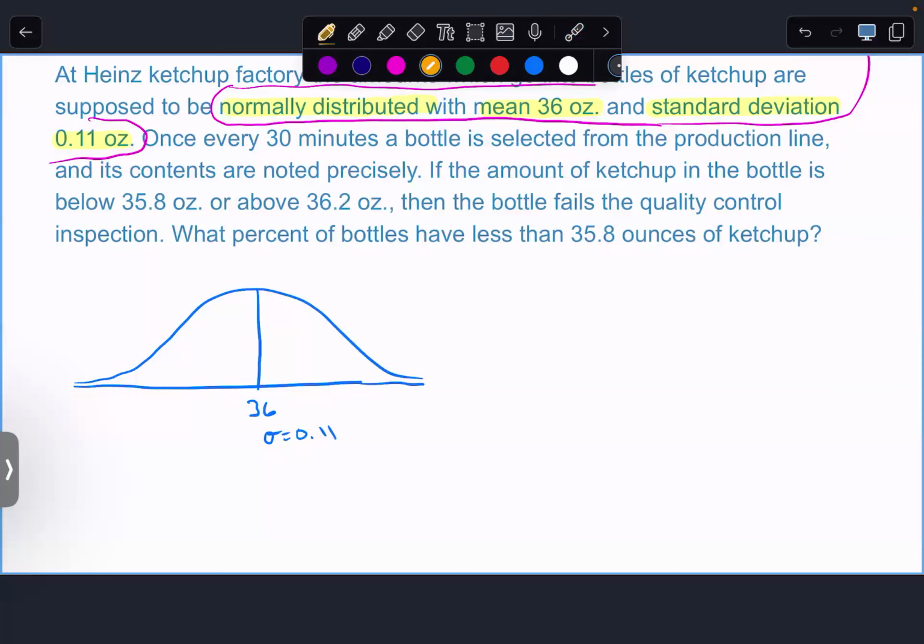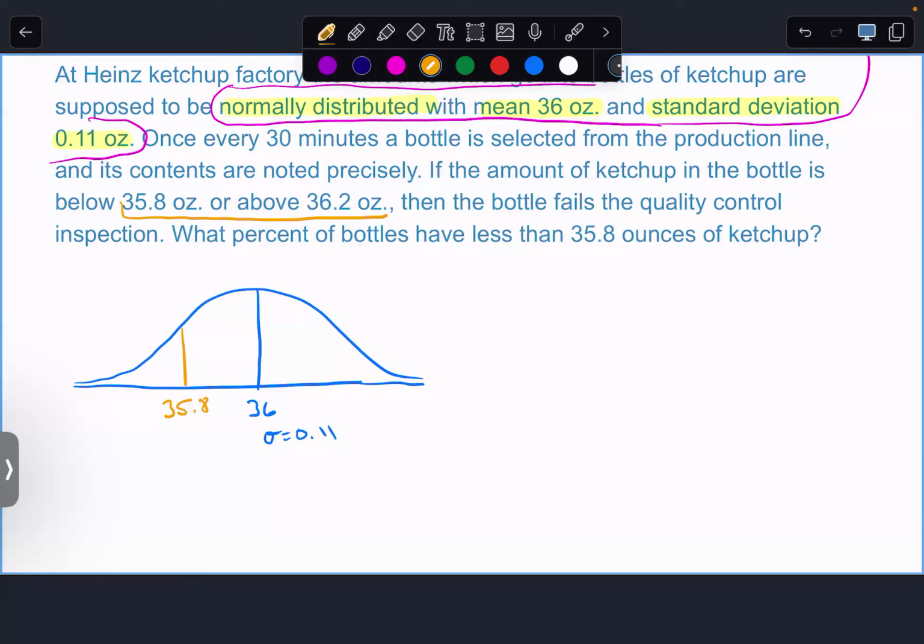So here, now for these drawings, I'm not going to spend a ton of time figuring out where 35.8 should go because I'm just trying to visualize it, right? And so I'm just going to put it here at 35.8.